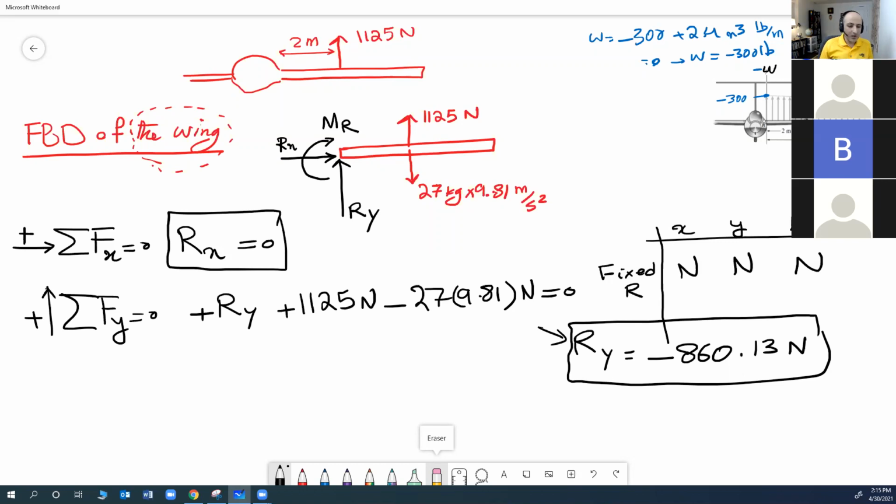The last equation that I have, summation of moment about point R being 0. Anything that rotates this way, I'm going to take positive. Taking it about point R, so Rx and Ry, they're 0. I still have an MR that I have as negative based on what I drew here.